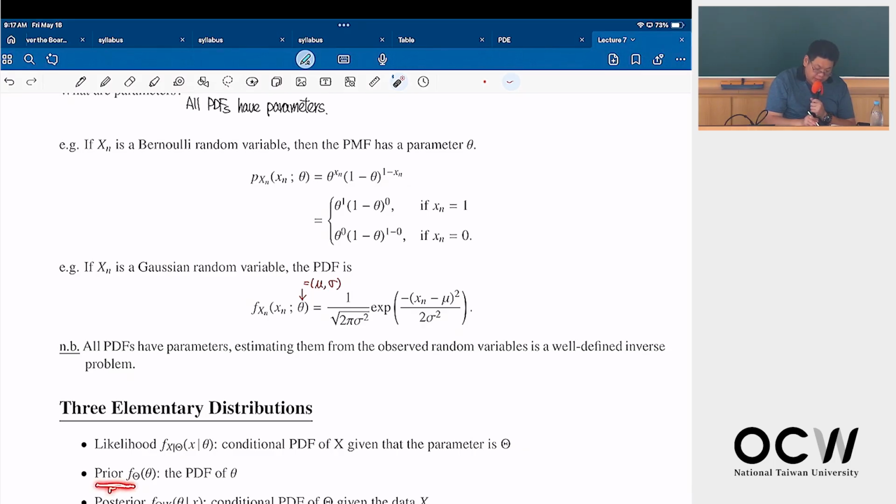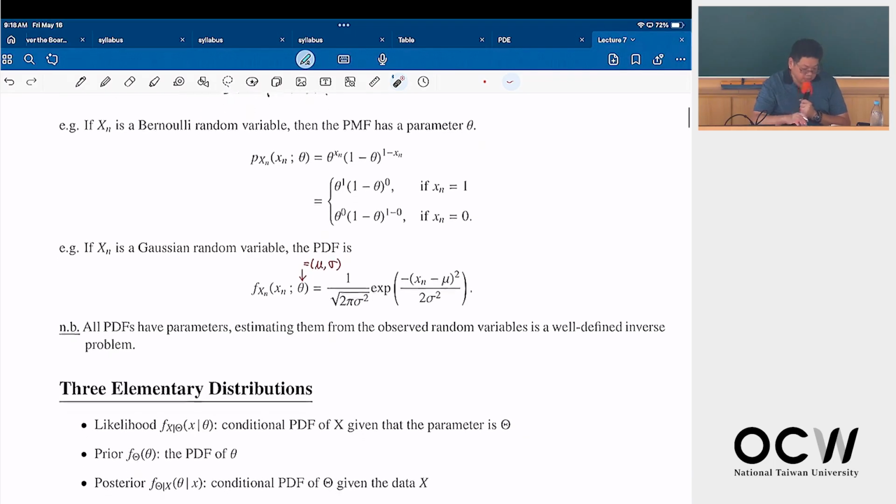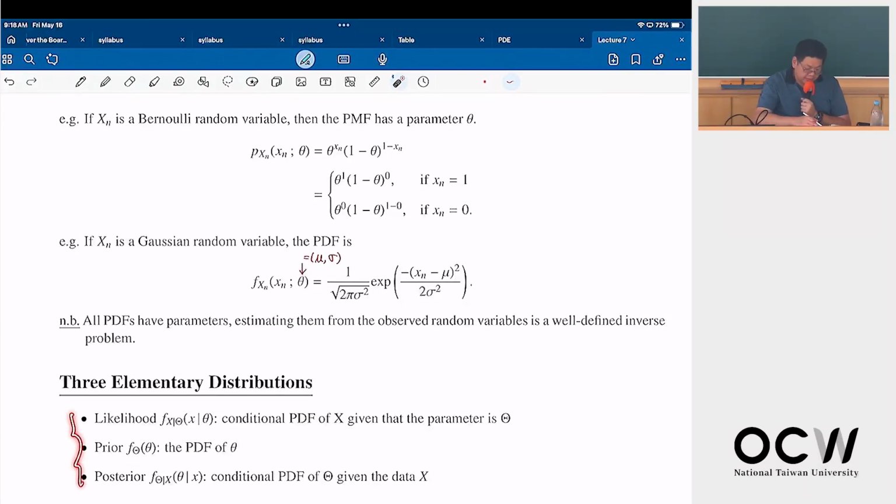The prior is the PDF of theta, the parameter. And then the posterior. The posterior is a conditional PDF of theta given the data X, whereas the likelihood is the conditional PDF of X. Okay, so based on those ideas, we will talk about this later.